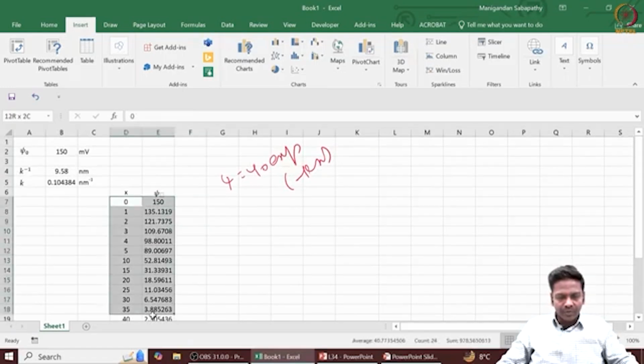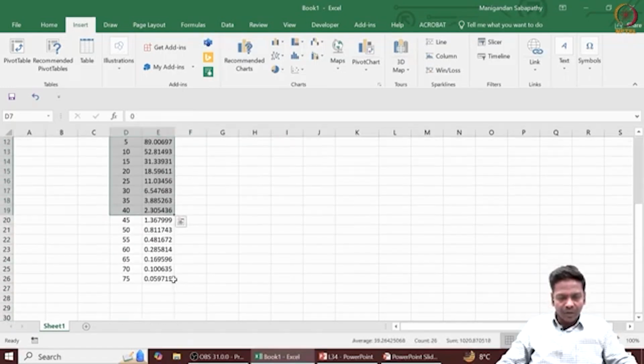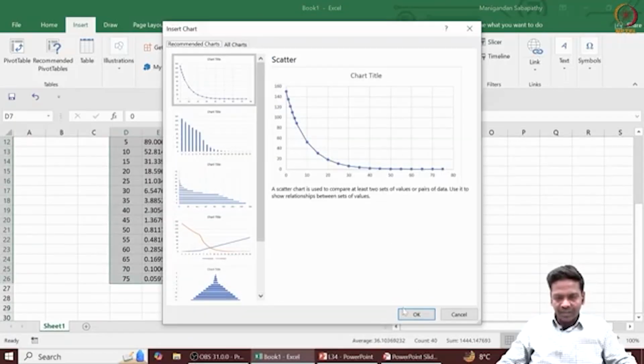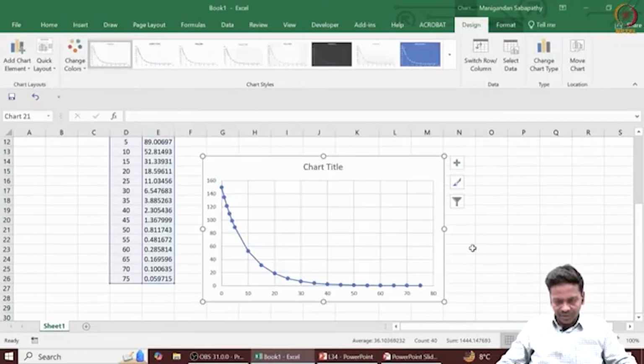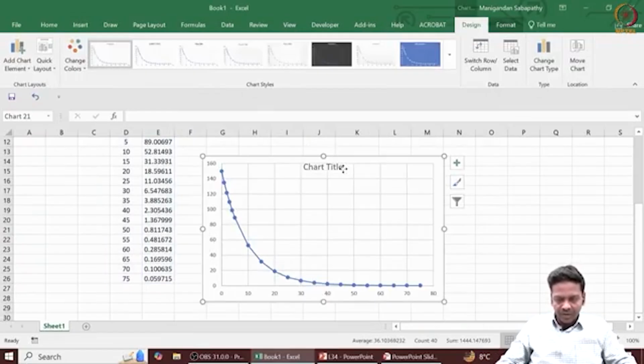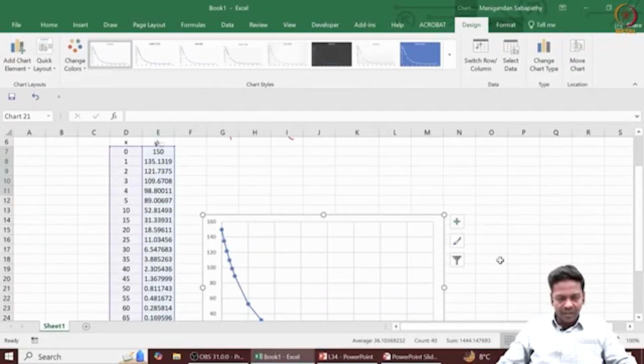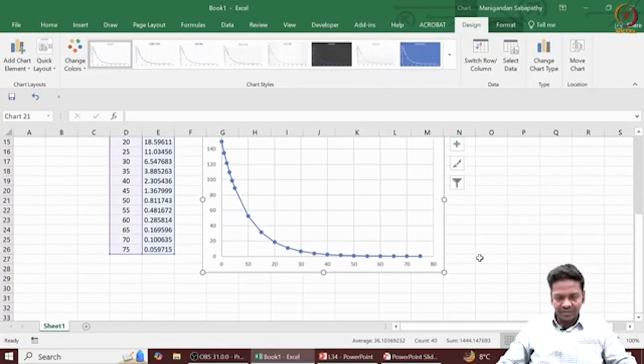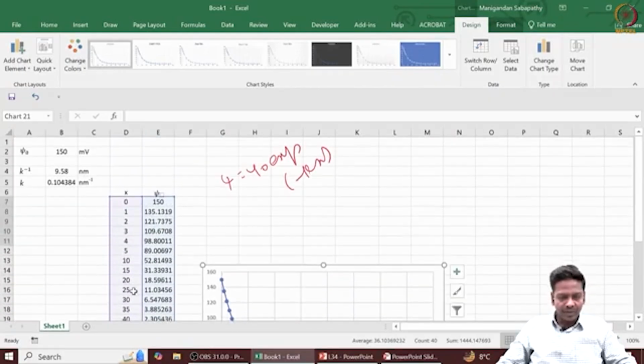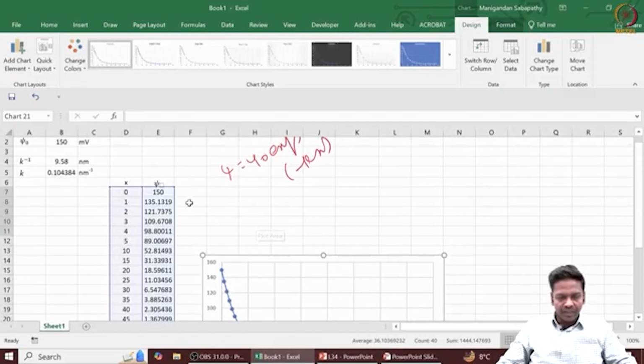If you just plot x and psi, you basically get this curve. So this is the potential variation across the surface as a function of x, which is a distance given in nanometer, and psi is given in millivolt.